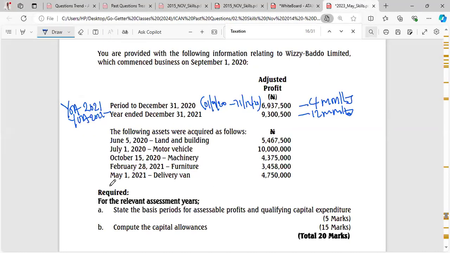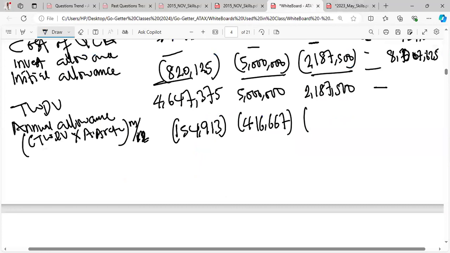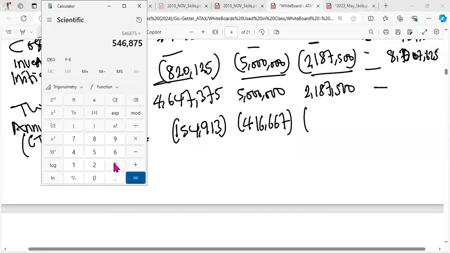October, November, December, 3 months. So you say this figure we just got now times 3 divided by 12. That will give me 136,719.